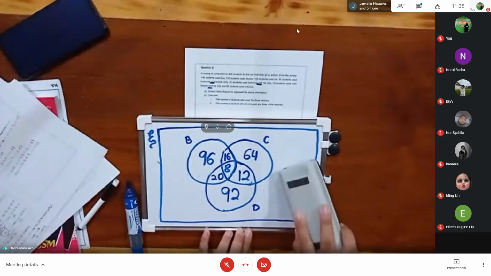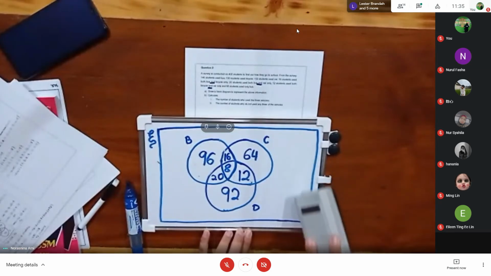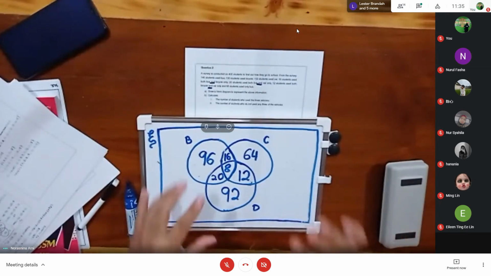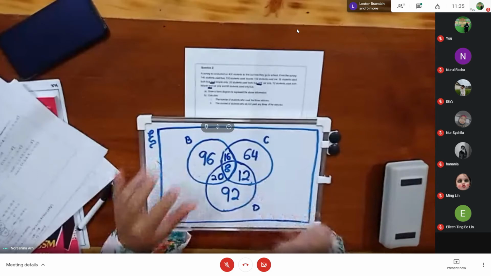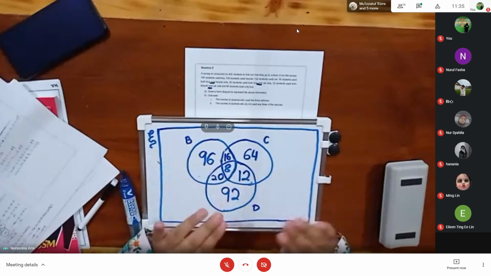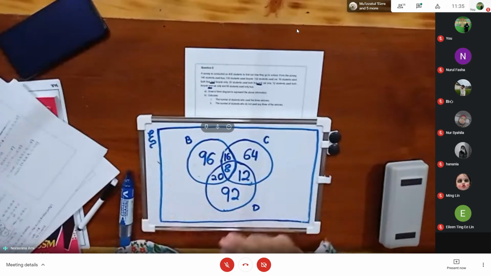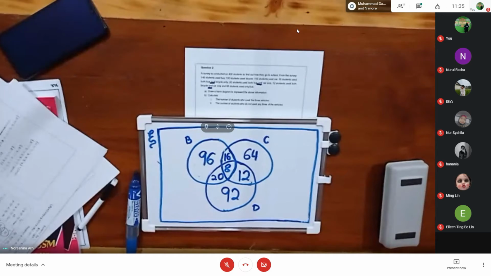Now we already have all the information for those who use bus, bicycle or car. But we also need to determine the ones who do not use any of these 3 vehicles. Maybe that person walks, maybe that person uses a van, we don't know.